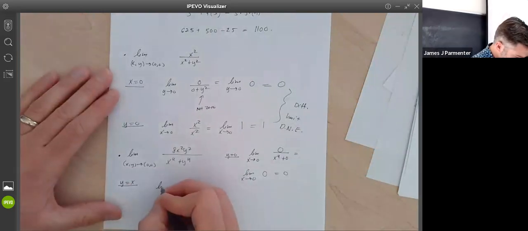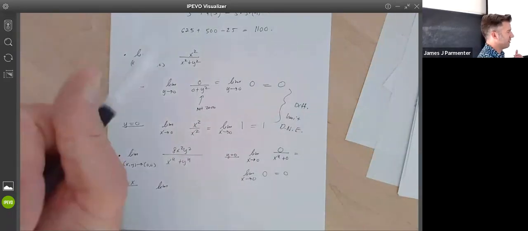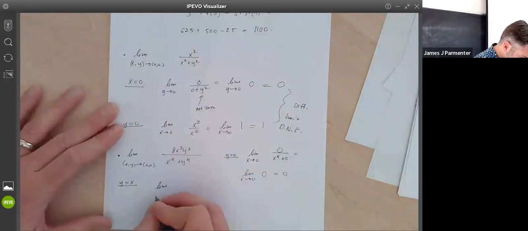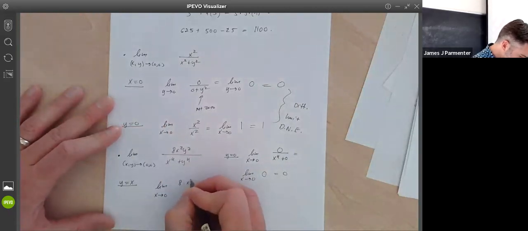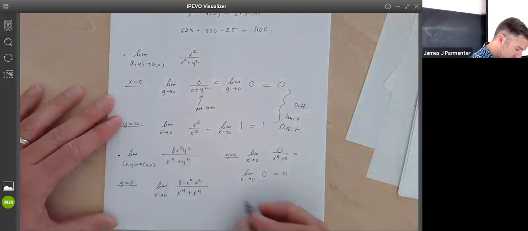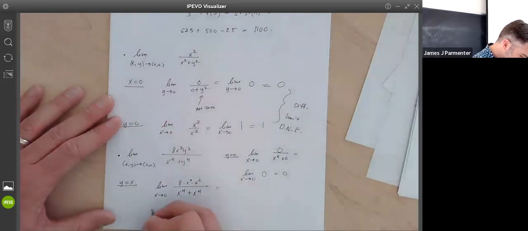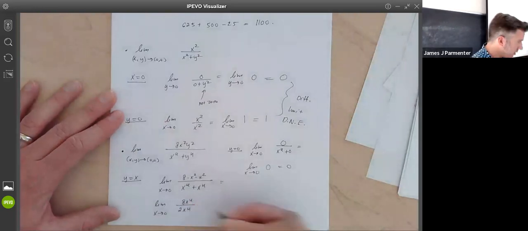So if we do the limit there, it's going to be the limit as I'm going to replace the y's with x's. I like to keep the x's if I can, but it doesn't really matter. So I know that x is approaching 0, and I have 8 times x squared over x to the 4th plus x to the 4th. And look at what happens. I have the limit as x goes to 0 of 8x to the 4th over 2x to the 4th.